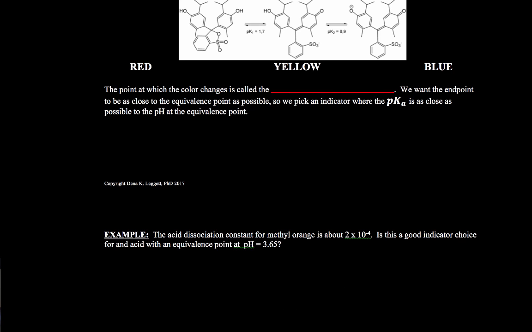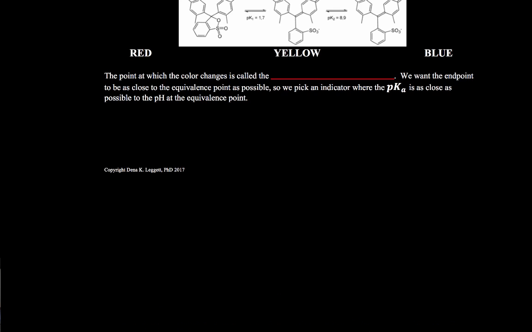I'm going to use a simpler notation for my indicator, and I'm going to use HIN. That just means the protonated form of the indicator. And then we have water. So I'm writing effectively the acid-base equilibrium for this, very simplified, and H3O plus.